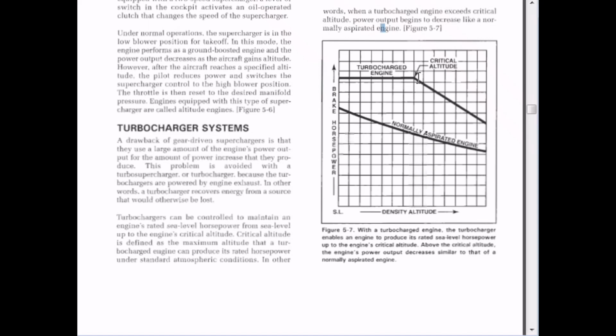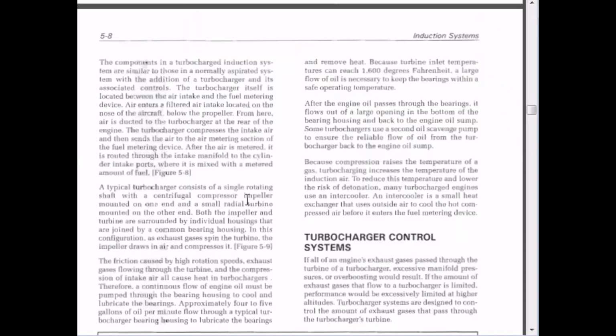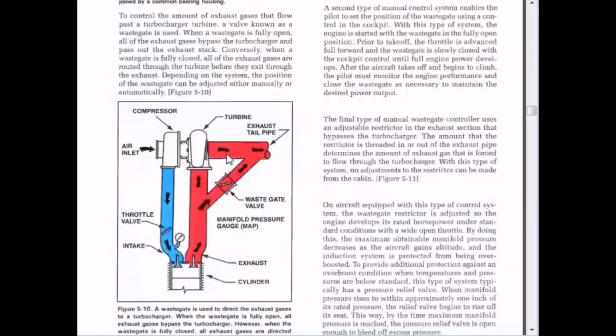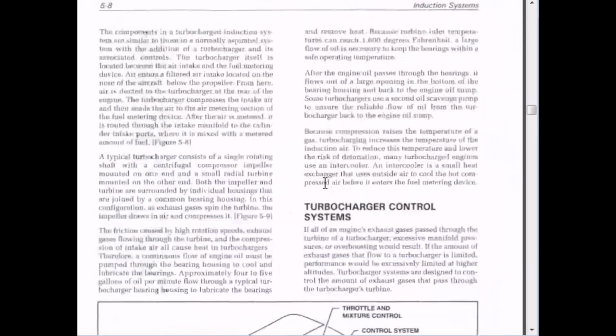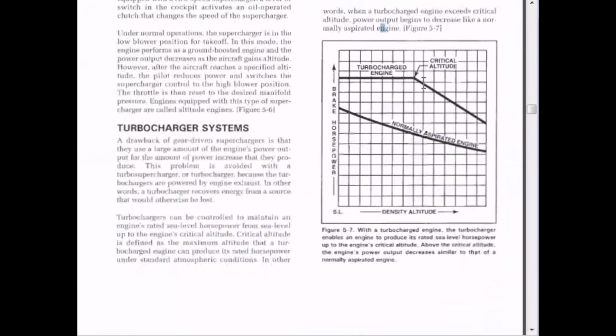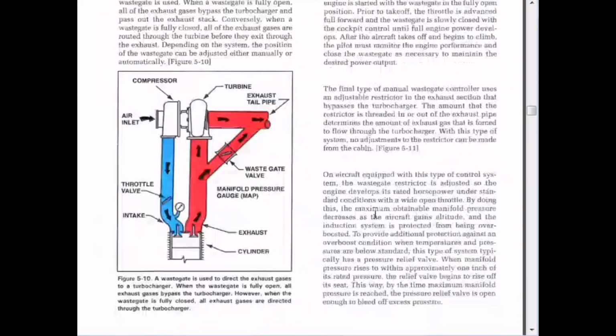This critical altitude means that although you have closed this wastegate completely, almost 100% of the exhaust gas is driving the turbine, still, when you increase altitude, you are going to get less oxygen, less air coming into the engine because the compressor has already reached its maximum capacity.